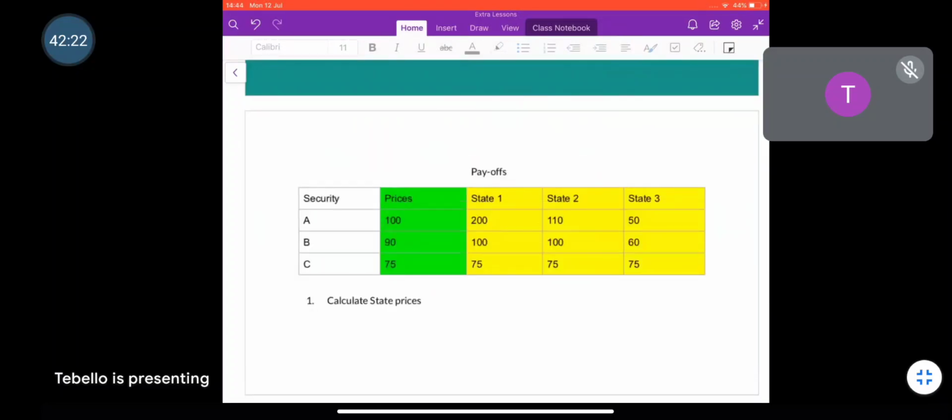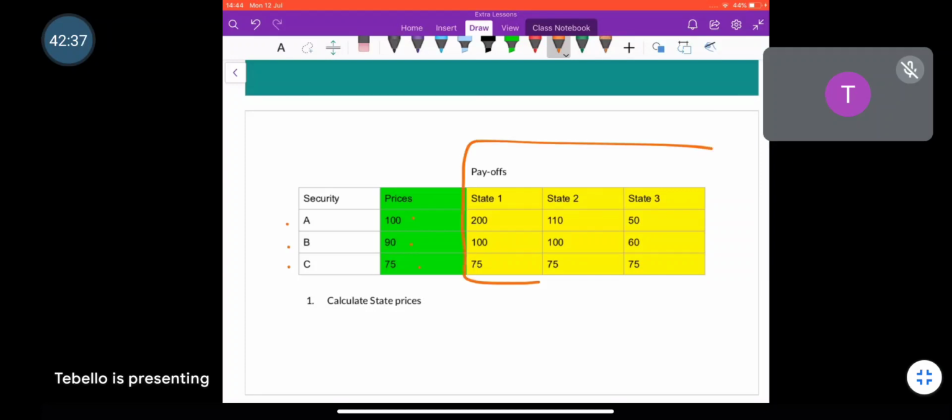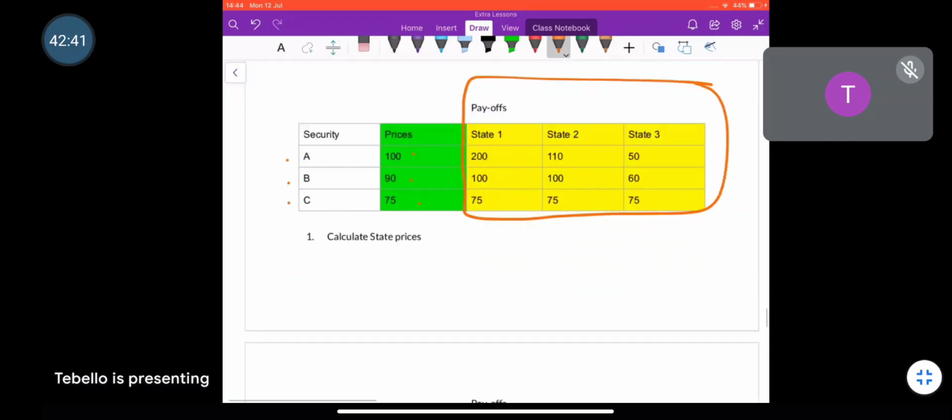So you have three assets, A, B, and C. Each one of them has price 100, 90, and 95, and these are the payoffs. So basically you have A. A has price of 100, and that's three states. If state 1 happens, you have 200. If state 2 happens, 110.